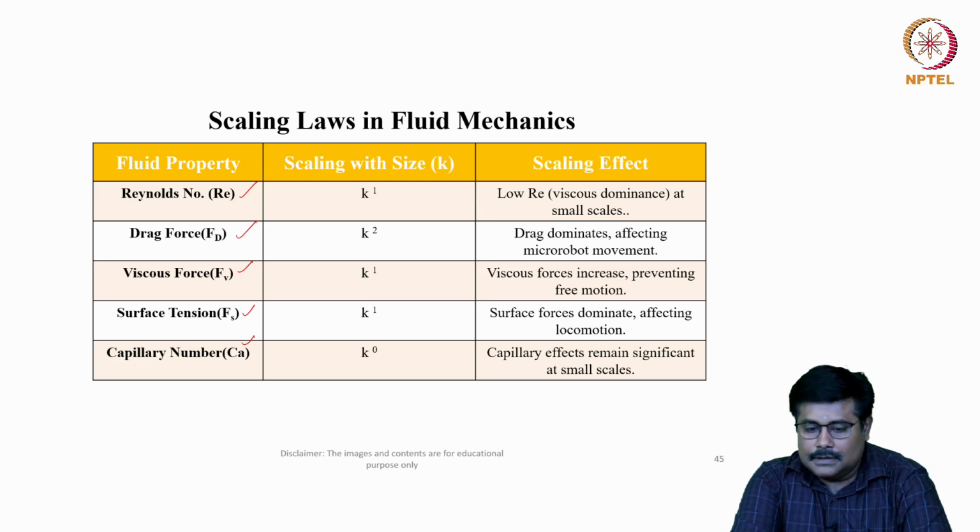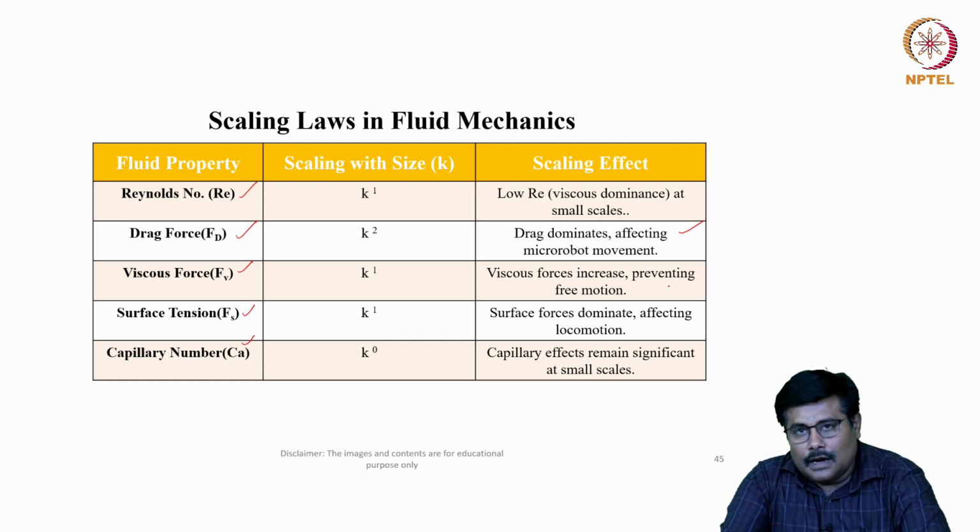The scaling with size can be represented as k1, where the scaling effect is low Re, viscous dominant at small scales. In the case of drag force, the drag dominates, which affects the micro robot movement. As far as viscous force is concerned, the viscous force increases, which prevents free motion. And from the surface tension point of view, the surface forces dominate and also affect the locomotion.